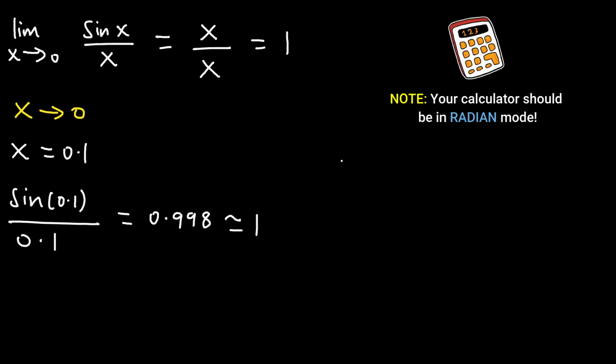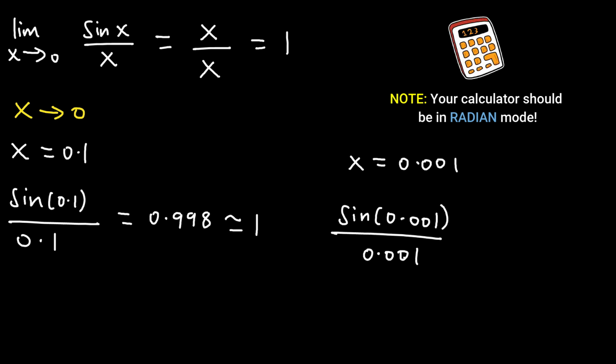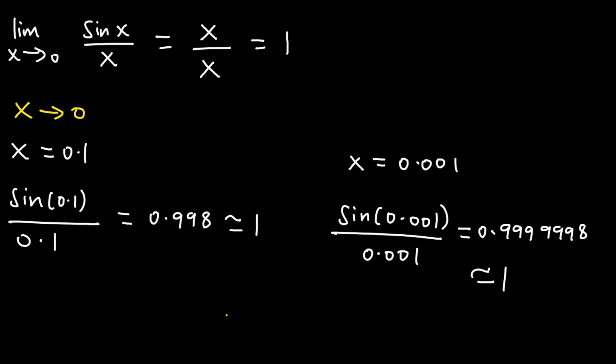And if we put in a number that is even closer to 0, let's say x equals 0.001, then we shall have the sine of 0.001 divided by 0.001, and this will be equal to 0.999998, which is even closer to 1. So as you can see, as x becomes smaller and smaller, in simple terms, as x approaches 0, then the function sine of x divided by x will be equal to 1.